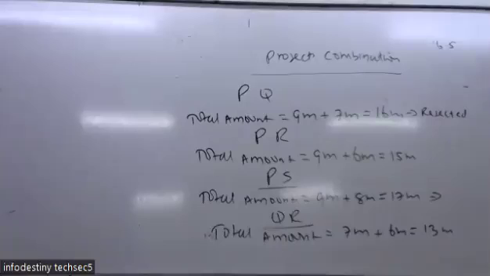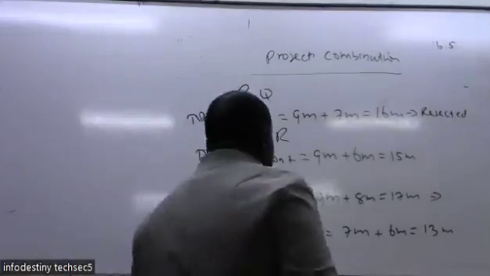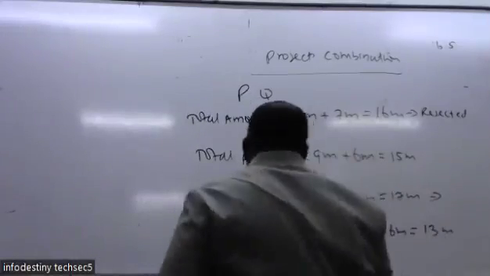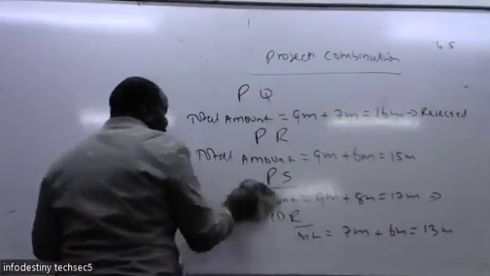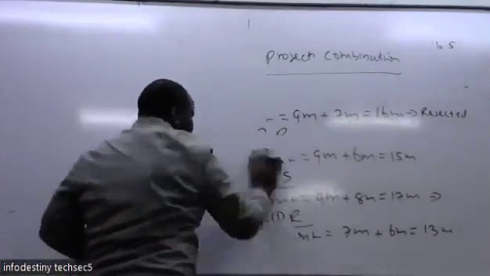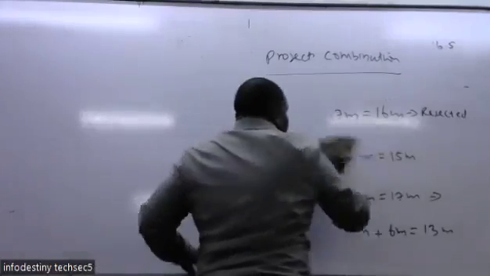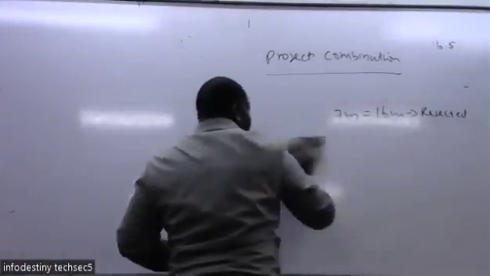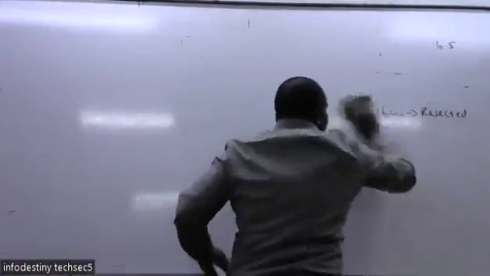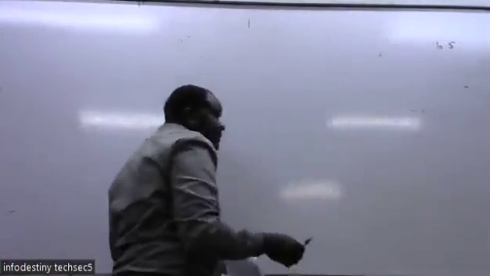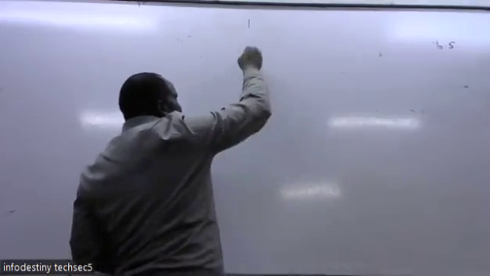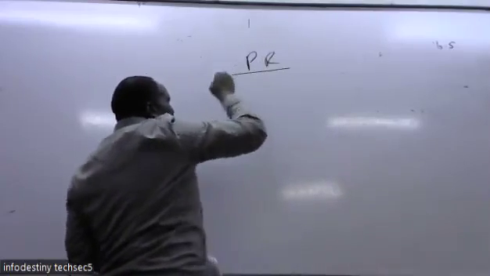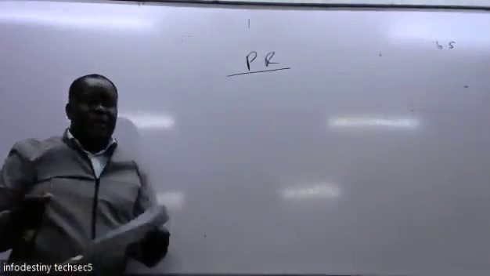So after doing that analysis, now we go to Roman letter 1, where we start with the first accepted combination. The first combination that you have accepted is PR.